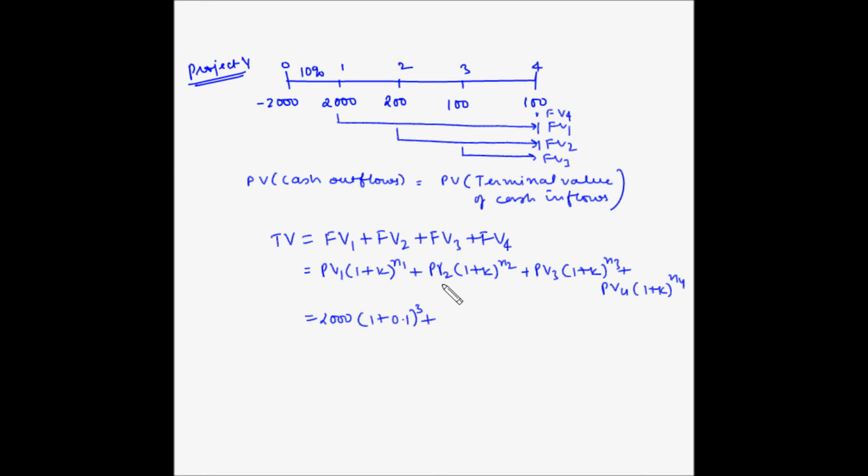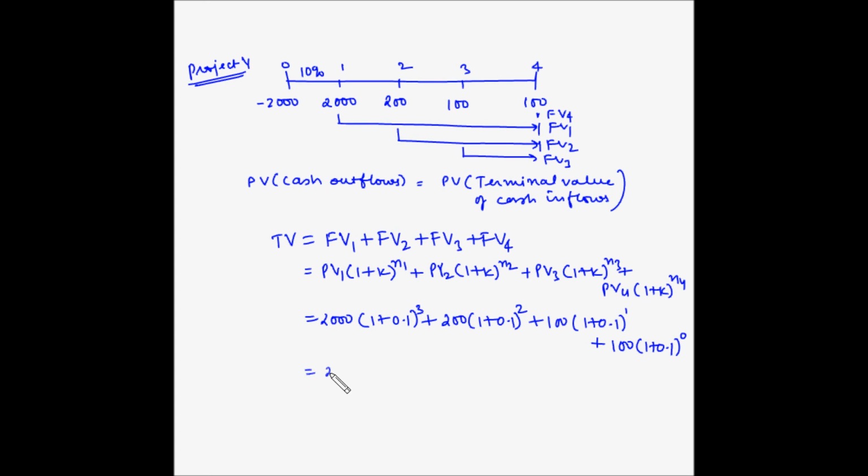Plus PV2 is 200 into 1 plus 0.1 square, plus 100 into 1 plus 0.1 to the power 1, plus PV4 is 100 into 1 plus 0.1 to the power 0.